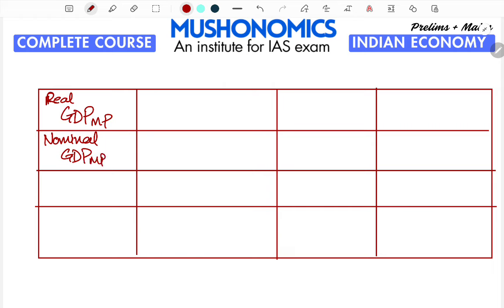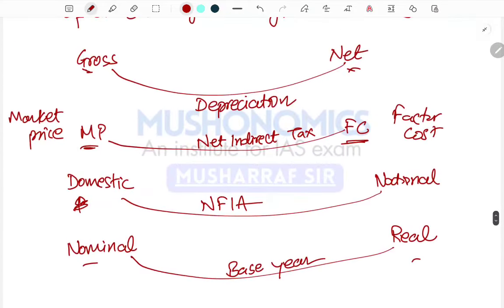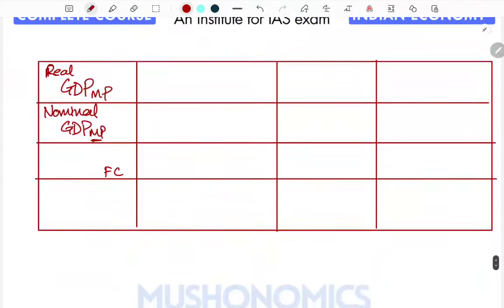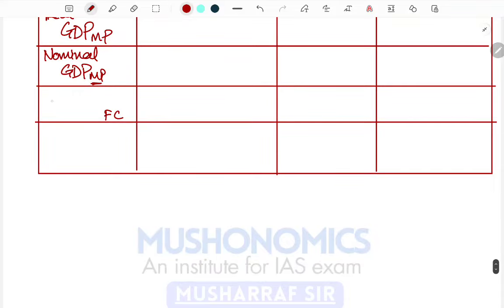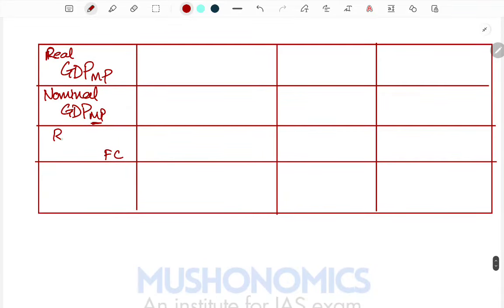Similarly, from market price we can go to factor cost with the help of net indirect tax. So we will have real GDP at factor cost, and in the same way nominal GDP at factor cost.